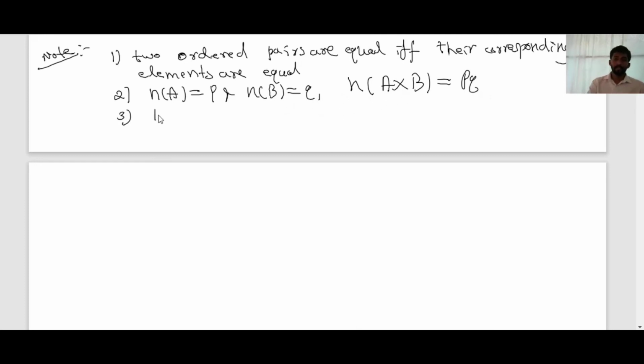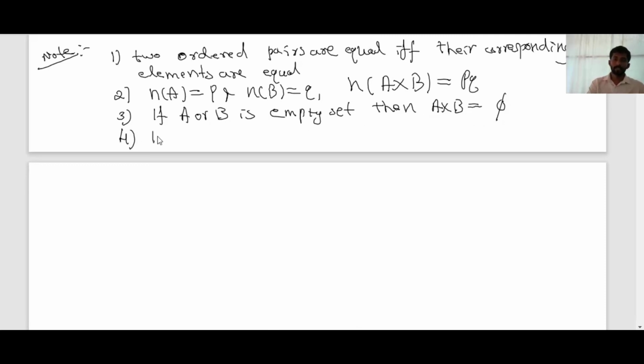Third observation is if A or B is empty set, then A cross B is an empty set. Okay.